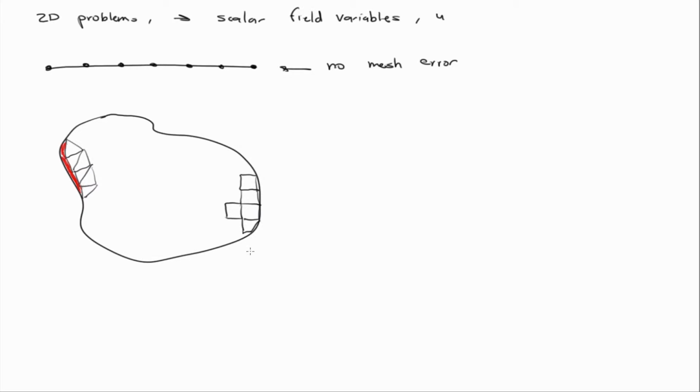Okay. So I have a lot of choices here. As an analyst, I can choose the element type. That's in 2D usually just triangles or quads, although more recently, an area of research has been to also work on polygonal elements.